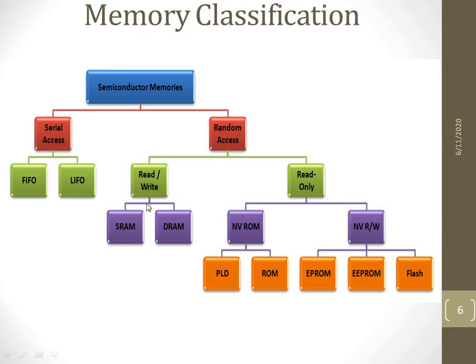In read write memory there are SRAM and DRAM, whereas ROM is classified into non-volatile ROM as well as non-volatile read write. Non-volatile ROM includes programmable logic devices as well as the ROM, and non-volatile read write includes erasable programmable read only memory, electrically erasable PROM, as well as flash.